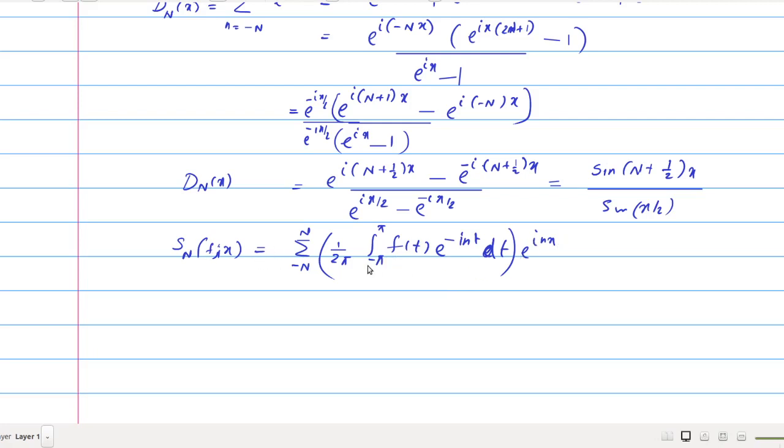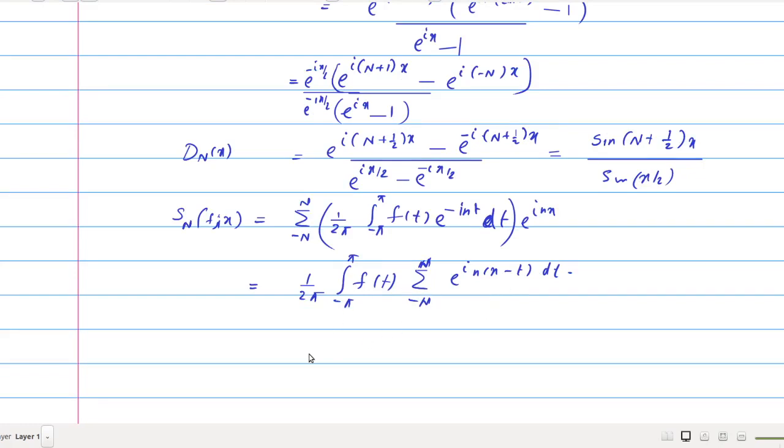When you replace the value of Cn here, Sn of x takes this form, and by simplifying, you can write this as 1 by 2 pi integral from minus pi to pi of f of t, summation from minus n to n. You can interchange the summation and integral, giving e^(in(x minus t)) dt. Now you can replace this quantity in terms of Dn of x.